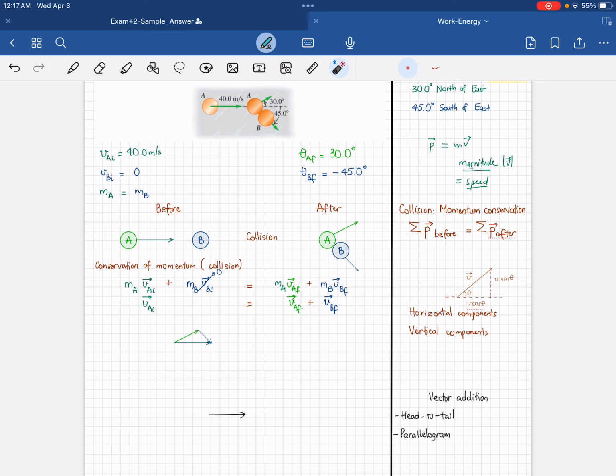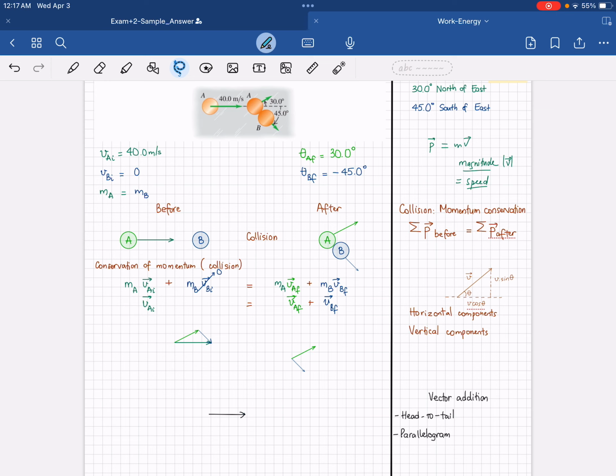If you go with the head to tail method, you get this kind of addition. But if you follow the parallelogram, what happens? Let's try it as well. Using the parallelogram, I paste it and copy, but instead of head to tail, we have the two tails together like this.